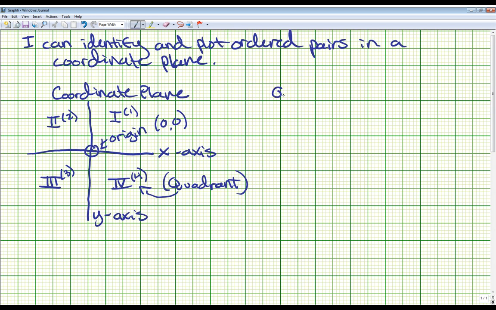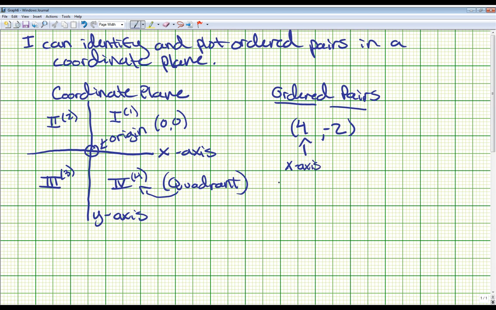So when you see the words ordered pairs, I want you to think about when you see something written, for example, like this. That's called an ordered pair. So if I wanted to plot an ordered pair, this set of numbers would represent one dot on a coordinate plane. And remember that the first number in an ordered pair represents what you do on the x-axis.